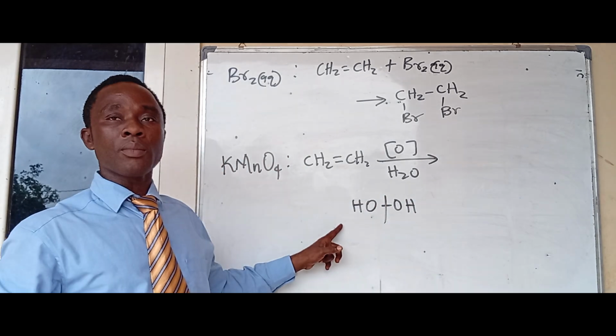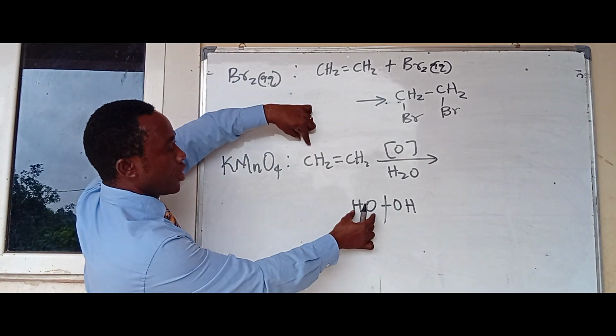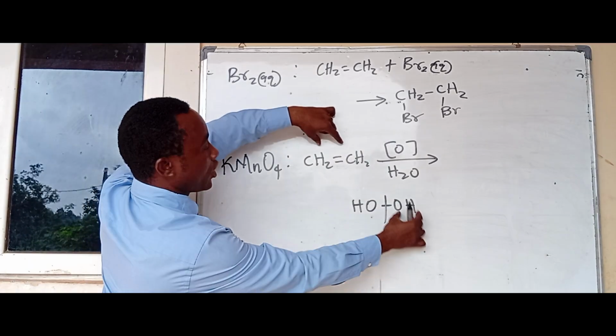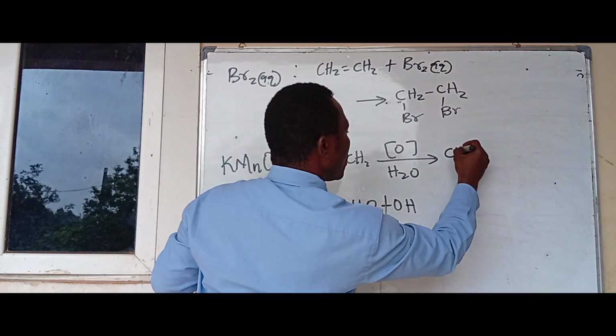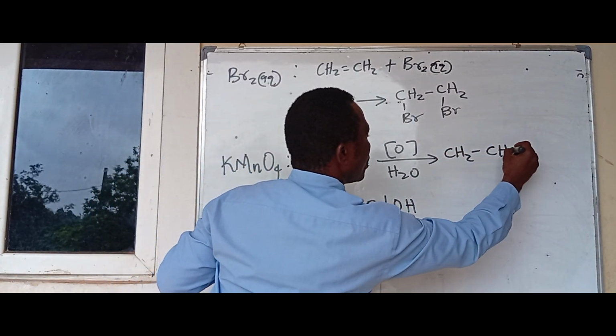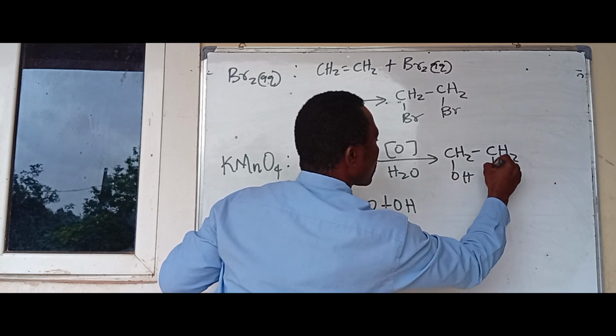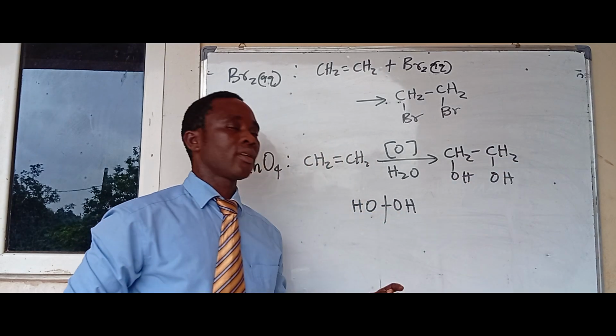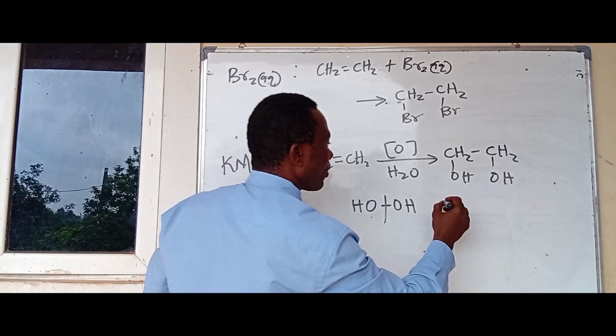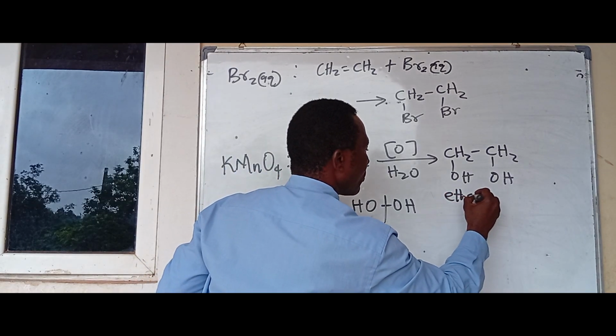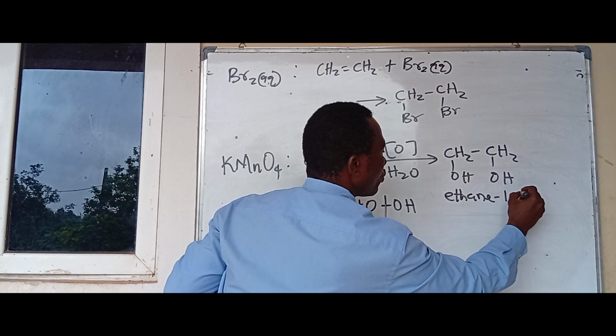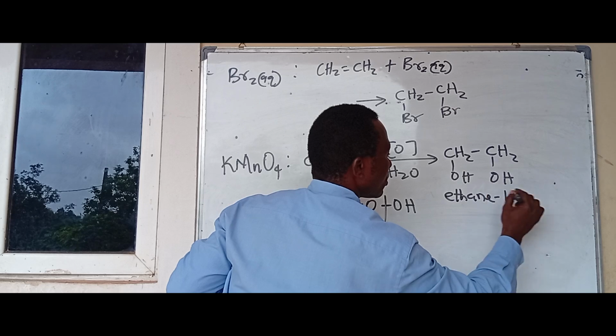You see, when this double bond breaks, one OH attaches here, while the other OH attaches here. So what we have is CH2OH, CH2OH. This is ethane-1,2-diol.